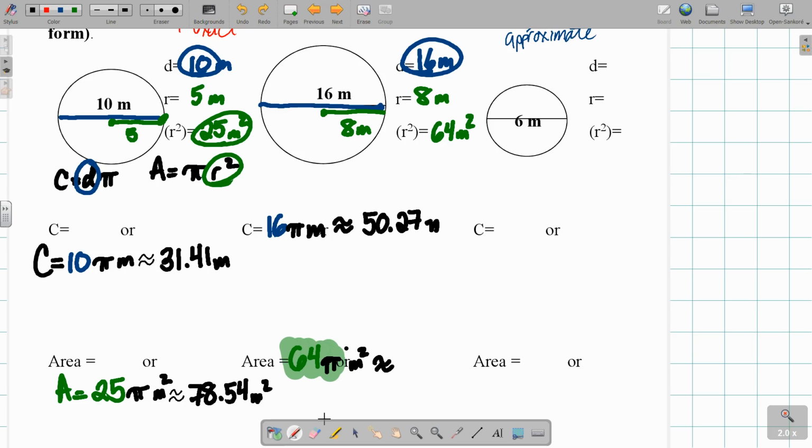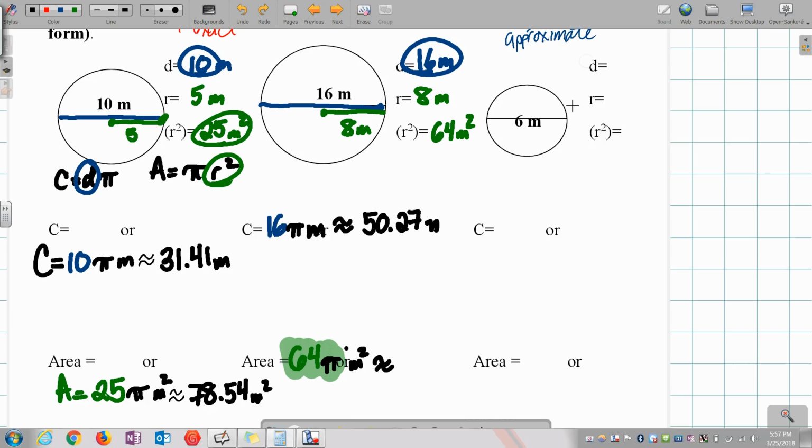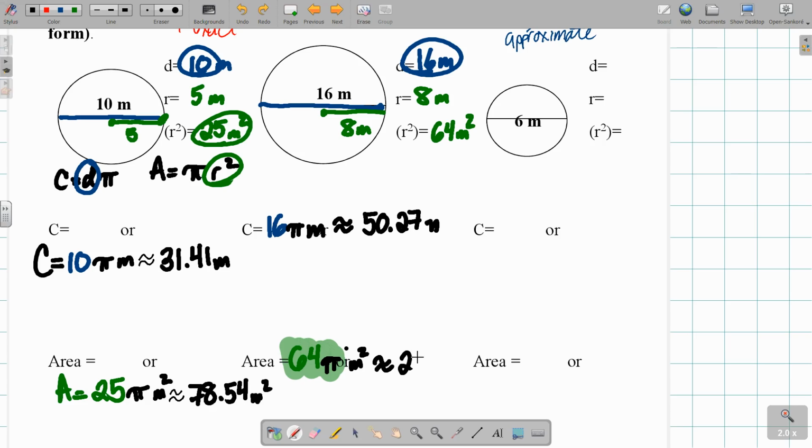It's the preferred exact form. So this time we go 64 times pi, 201.06, approximately 201.06. Watch your units. This is meters squared.